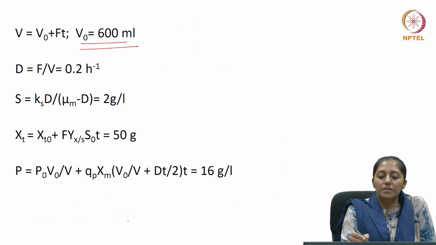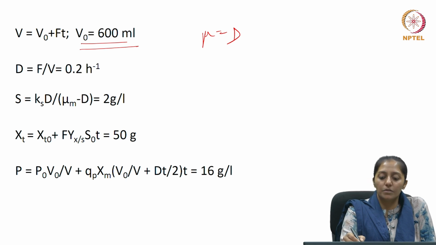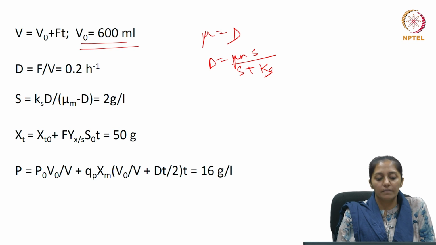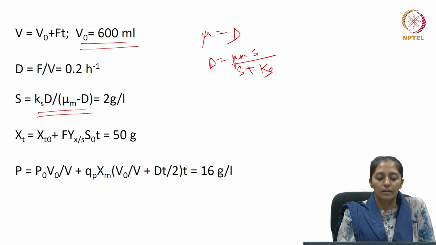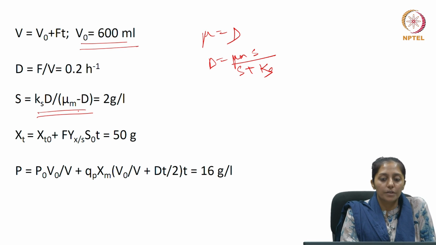So, at quasi steady state we know mu is equal to D, and we also know the culture is following Monod's kinetics. So, if you remember the rearrangement of the equation, D is equal to mu m S upon S plus Ks. If we rearrange this, we can determine the value of S in terms of the dilution rate, mu m and Ks given. So, how to find the dilution rate?